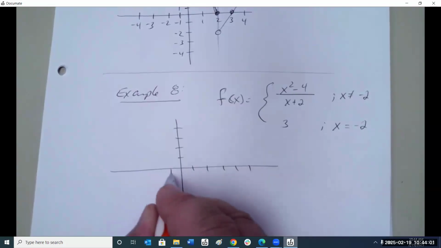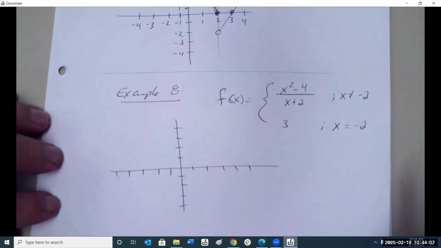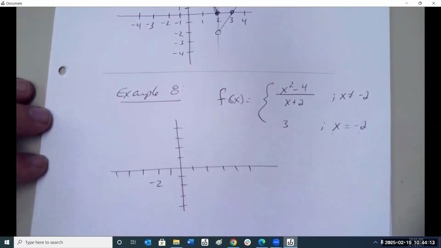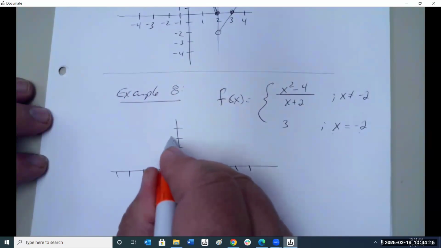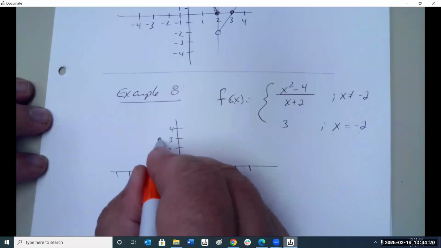Draw your chart. Well, we know when x is negative 2, what does it equal? It's 3. So we have a dot there.